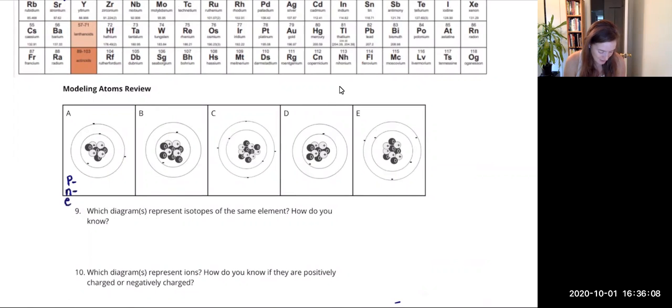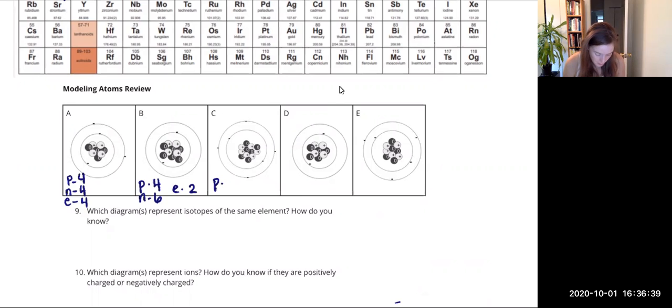I'd give myself a little tally: protons, neutrons, and electrons. This one has 4 protons, 4 neutrons, and 4 electrons. Ooh, that's easy. All right, B, I see 4 protons. How about neutrons? 6 neutrons, and I'll put electrons over here, I'm running out of space, and 2 electrons. Okay, what about C?